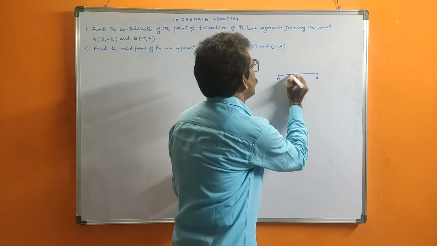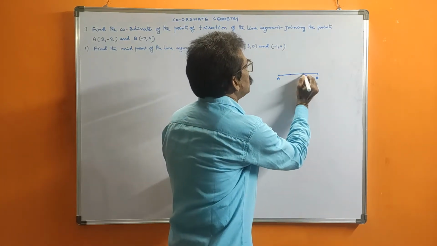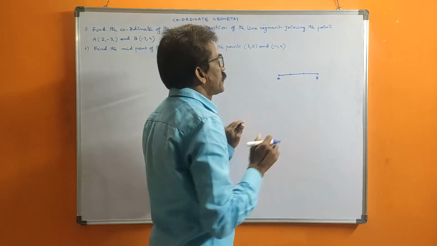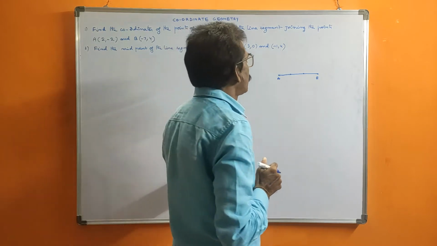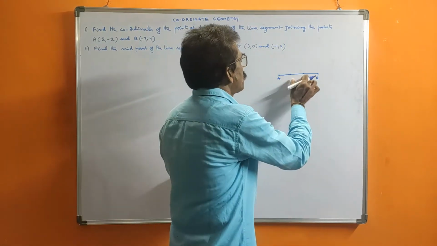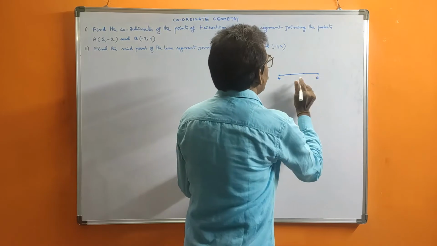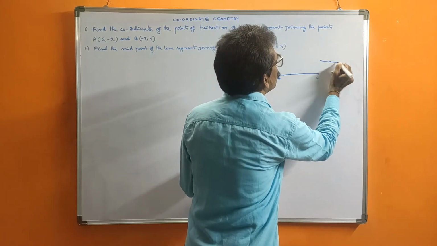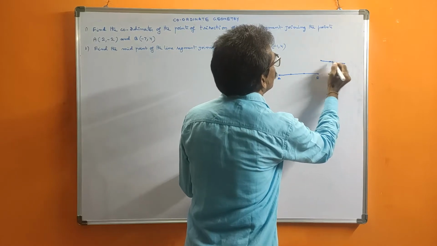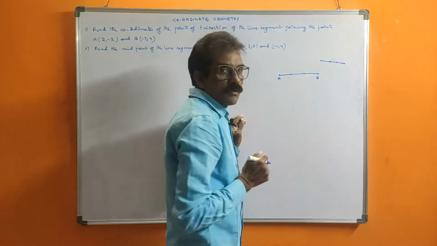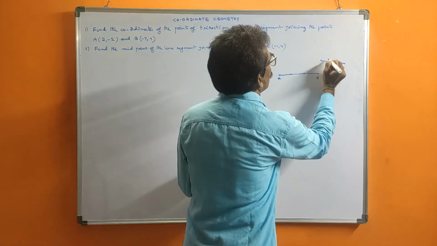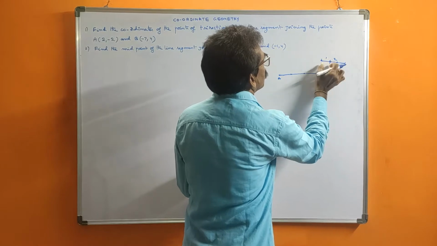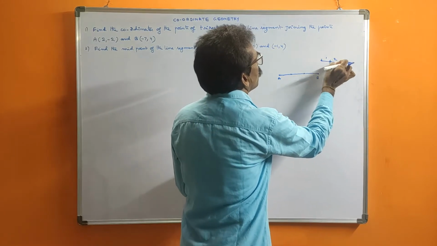If any points divide it into three equal parts, those points are called points of trisection. There may be 2 points. When a line is divided into 3 parts, these 2 points divide it equally. This point divides in the 1:2 ratio. This part is 1, this part is 2.